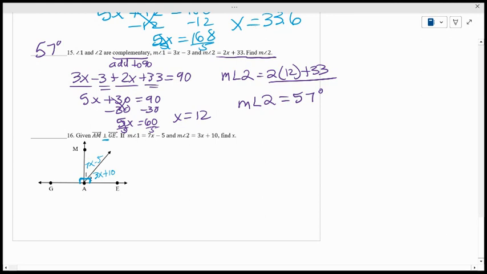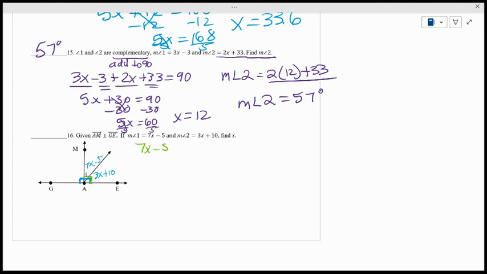Well, what's a right angle? You've learned that before. A right angle means it adds up to 90. So this is the exact same as the previous. It's just different vocabulary. Perpendicular to you should mean complementary, right angles.